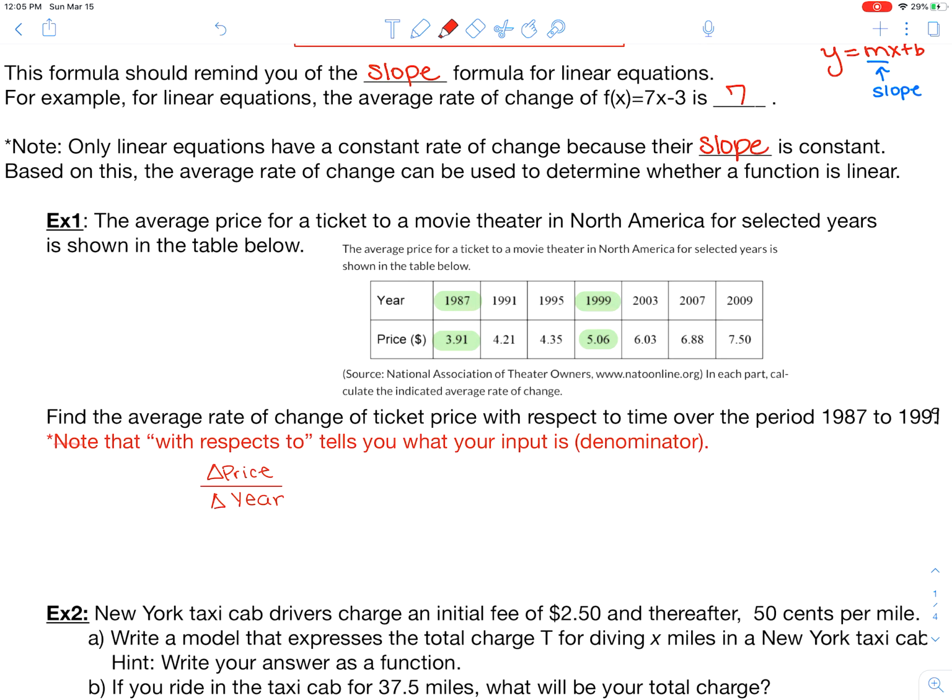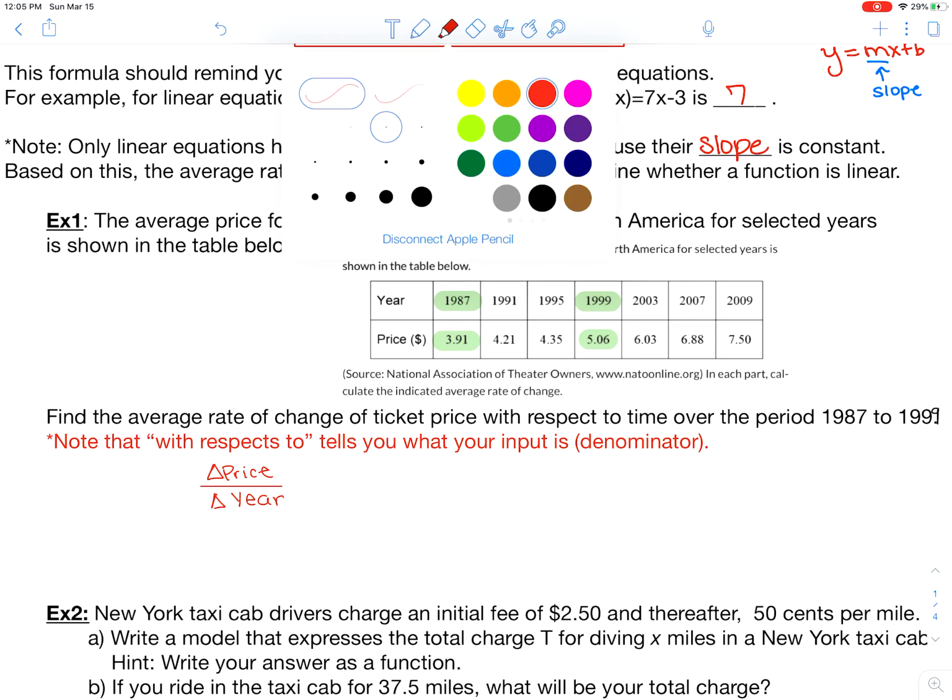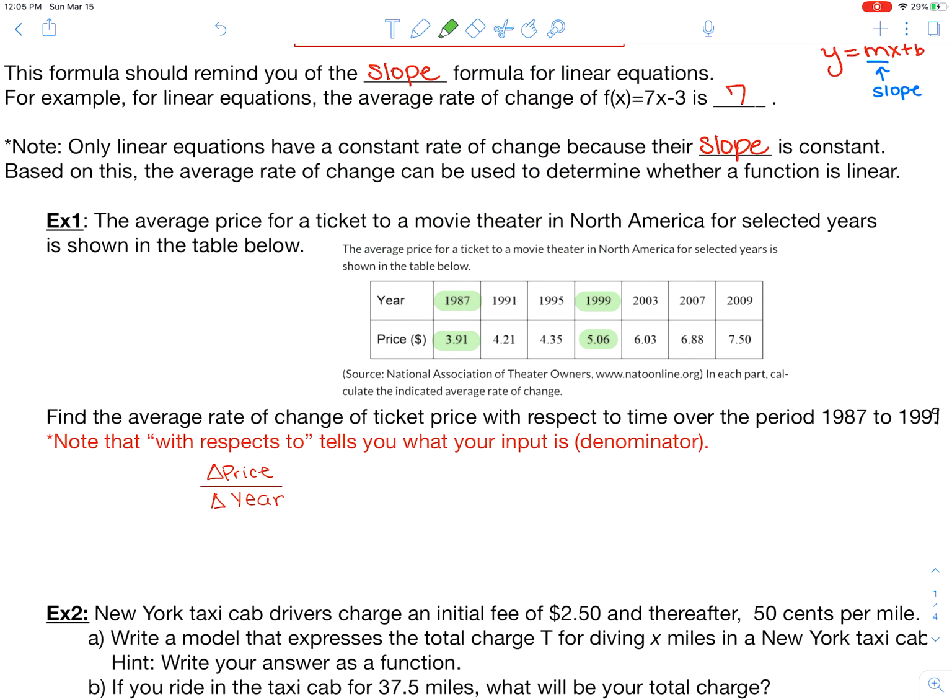And by the way, remember I say how the note will always help you? With respect to tells you what your input is. So since we're doing this with respect to time over the period 1987 to 1999, then I know time is our input.